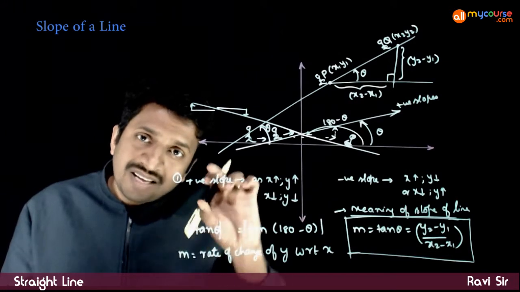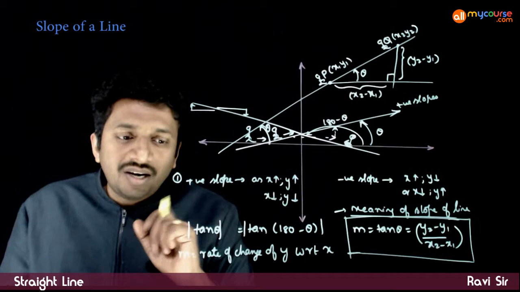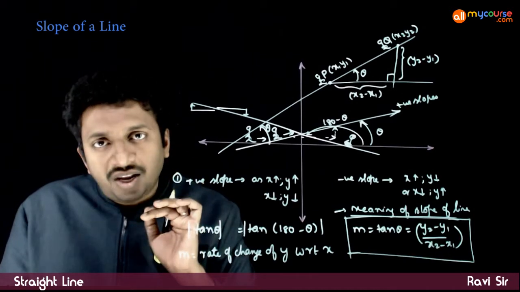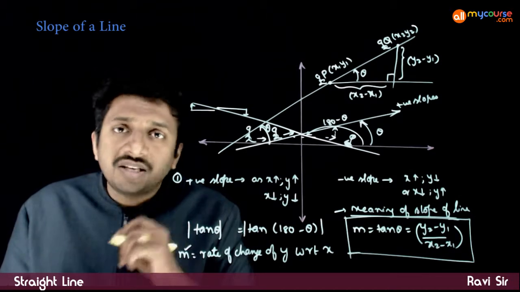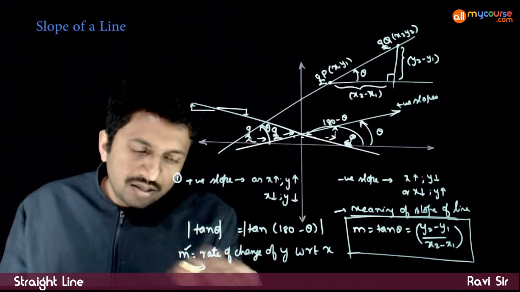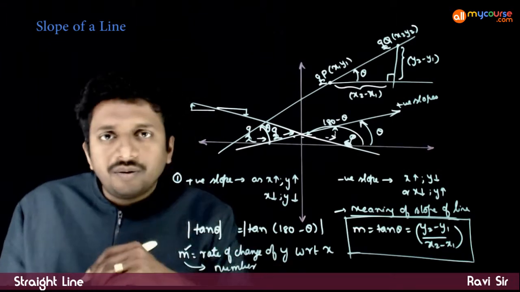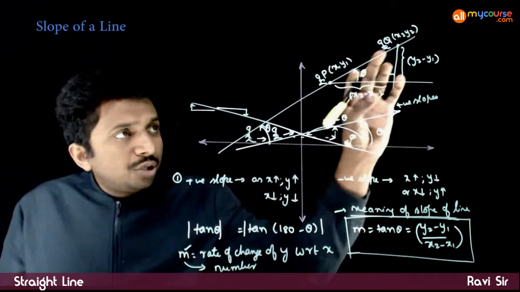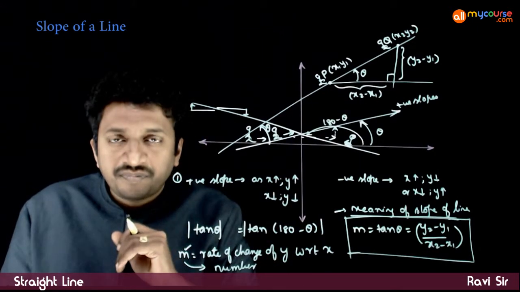So the rate of change in the y coordinate with respect to the change in x coordinate is nothing but the slope of the line. And the slope of the line is a dimensionless quantity. The slope of a line is just a number which denotes the ratio of change in y by change in x.